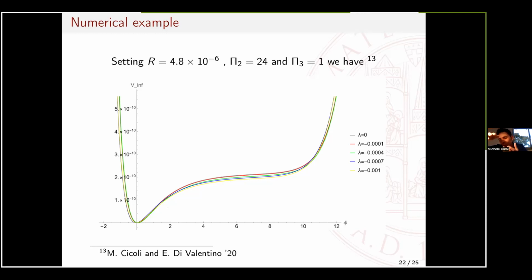I know you know this, but maybe for other people. During inflation, the fiber gets smaller and the base gets larger. So at a certain point, there are some cycles which become small and some corrections blow up. And so if you have only 60 foldings, then it's different than having 120.